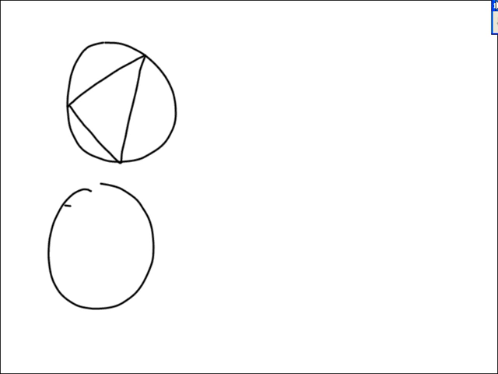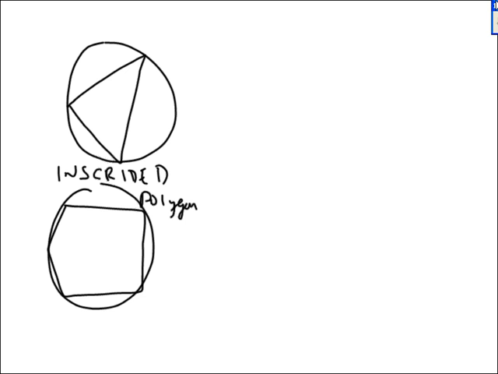If you have a circle and you put the polygon inside, whether it's a three-sided polygon, or a 3, 4, 5-sided polygon, these are inscribed polygons, because the polygons are inside the circles. These are inscribed polygons.